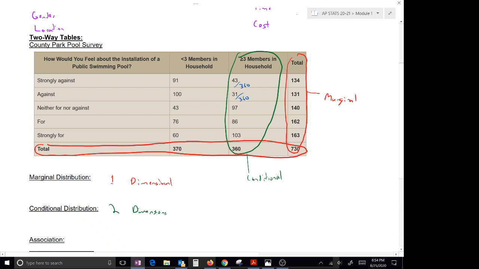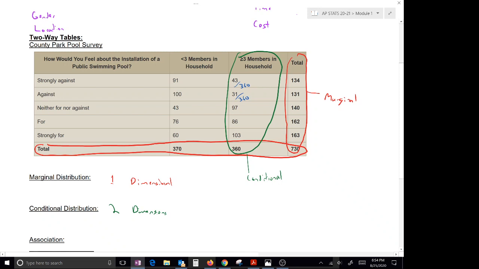We could divide these by 134 and 131, but all that's telling me is that of the total percent, what number were members that had greater than 3 members in their household. That might work in this case simply because our numbers are fairly similar between the two.